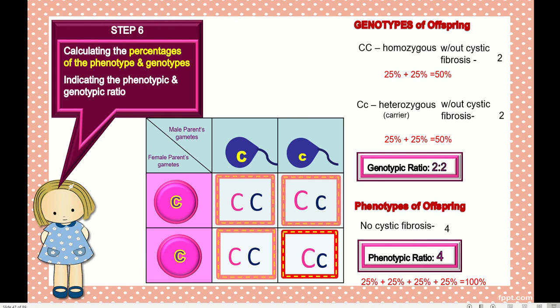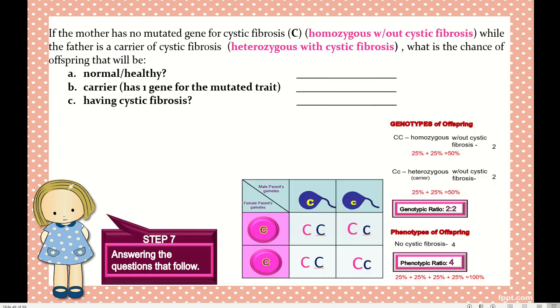So step 7 is to answer the problem question. What would be the chance of the couple to have phenotypically normal or healthy offspring? So offspring phenotypically with no cystic fibrosis is 100%.